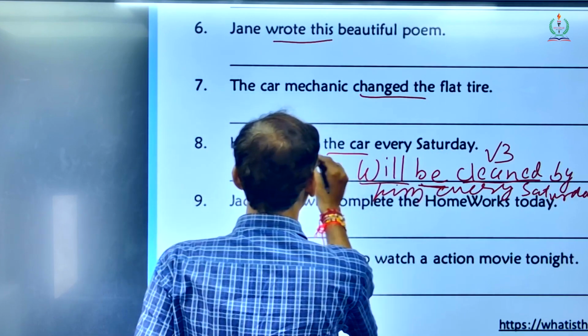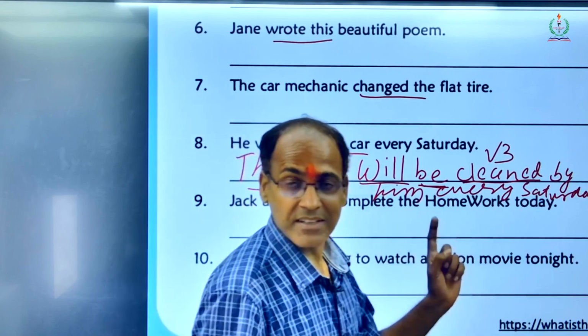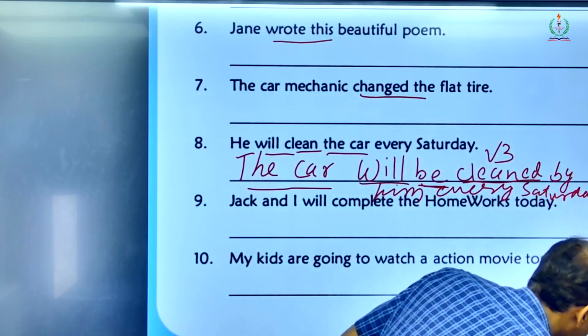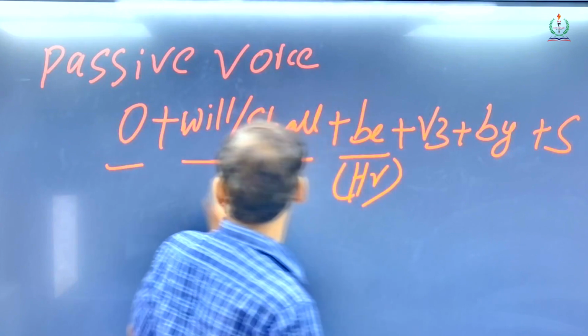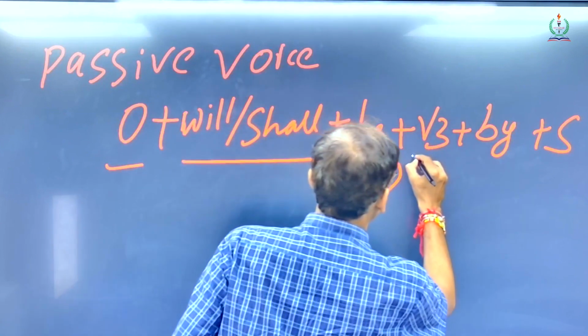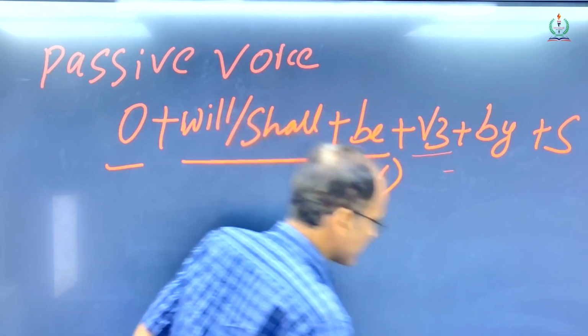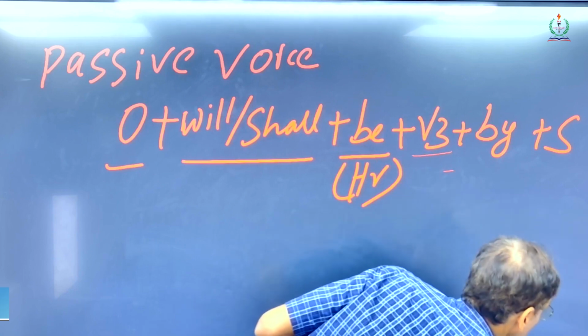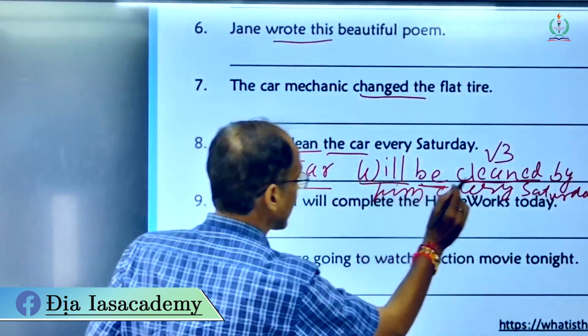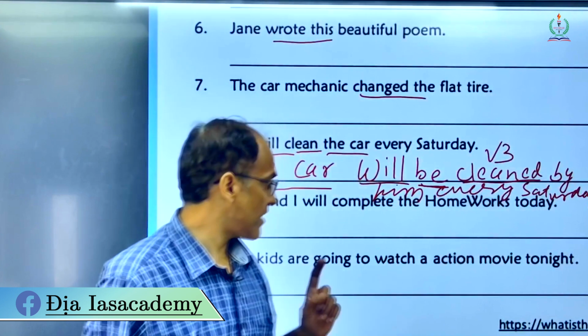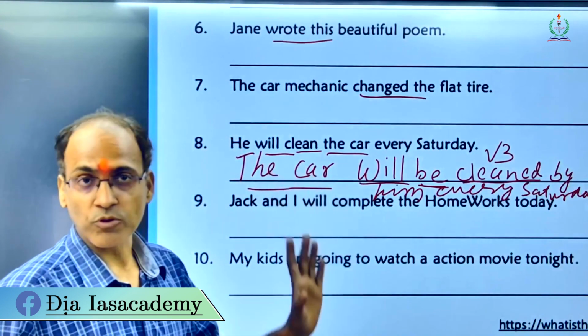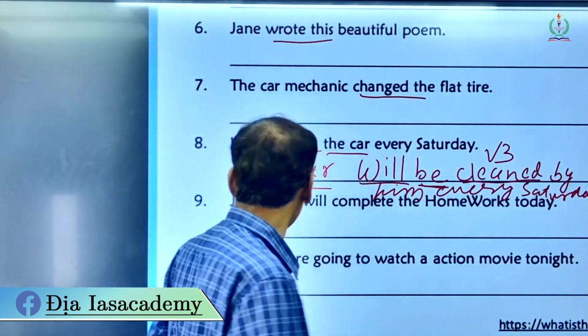This V1 form of verb, that I had already mentioned in the previous exercise, becomes V3 form, which is cleaned. The car will be cleaned by him every Saturday. So this goes like this. I hope there is no problem in this.